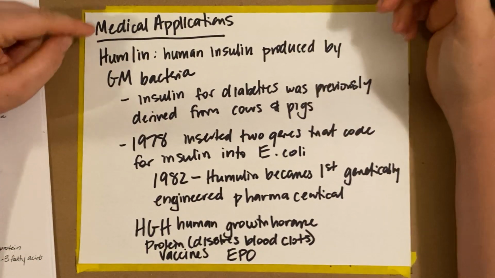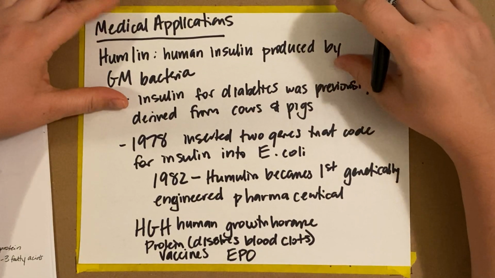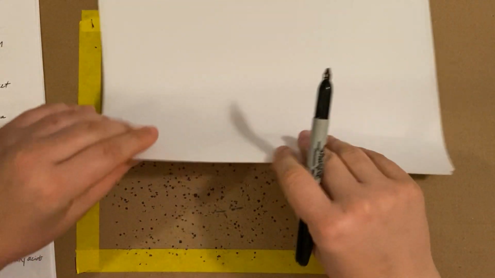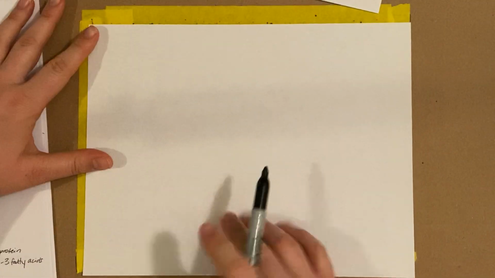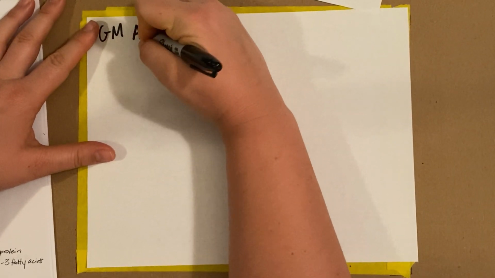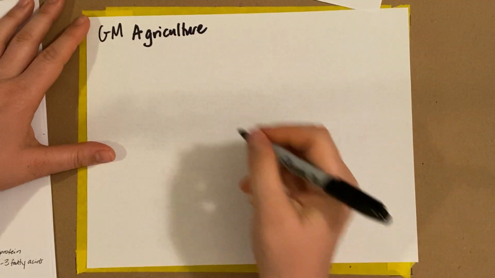So moving on from there, these are medical applications, but lots of the genetically modified organisms that we talk about, especially in the news, come from agriculture. So we're going to talk about genetically modified agriculture, GM agriculture. Okay.